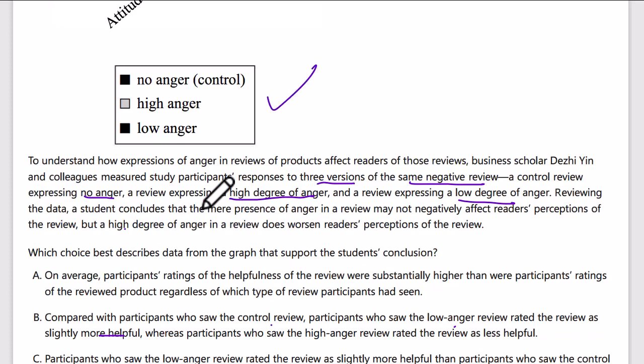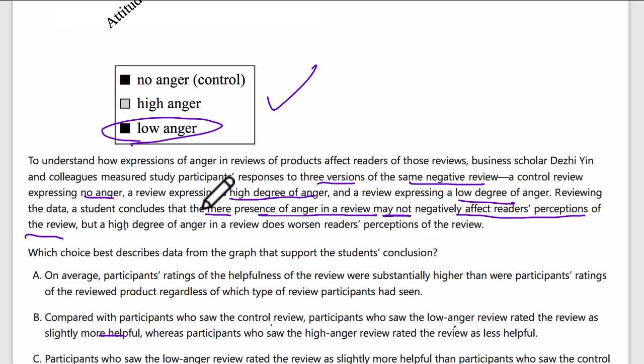So reviewing the data, students conclude that the mere presence of anger, so what is that? The mere presence of anger is low anger, right? It's not high, it's just merely present. Or maybe it's low and high together. So the mere presence may not negatively affect readers' perceptions of the review.